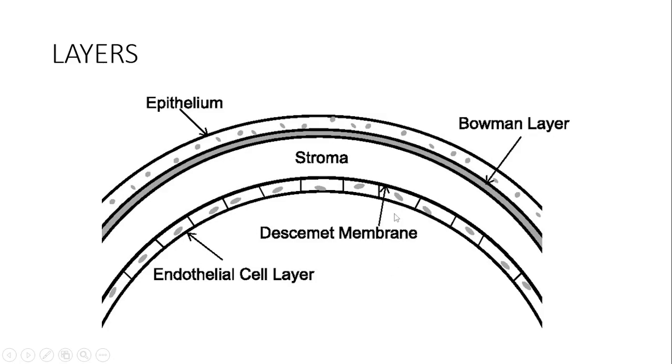Let's talk about how the cornea is able to maintain its transparency, because it's supposed to be transparent all the time. The cornea is transparent because of several factors. One of them is its relative dehydration.